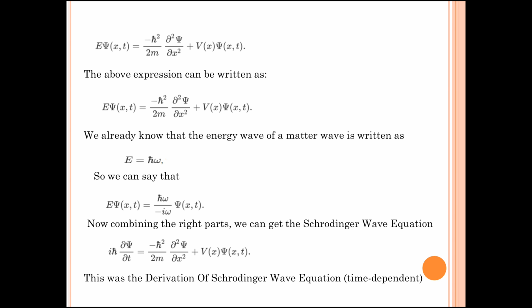Then, already known, the energy of the matter wave is E equal to h omega, so that we can say that E psi of x,t is equal to h omega divided by minus i omega into psi of x,t. Now combining the right parts, we can get the Schrodinger wave equation. This is the Schrodinger wave equation, and this was the derivation of the time dependent Schrodinger wave equation.